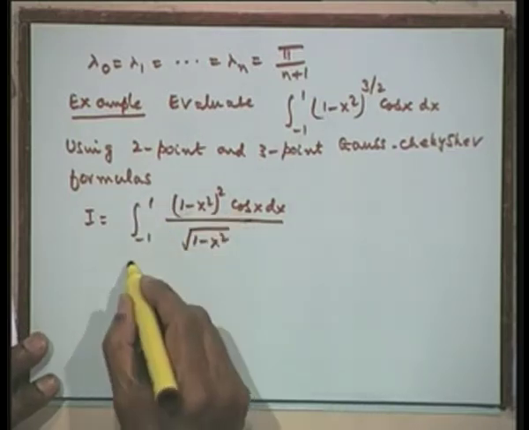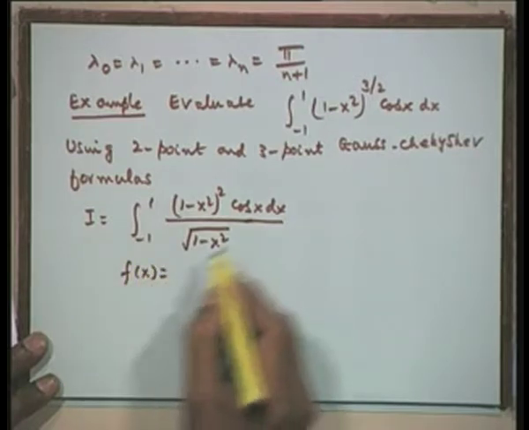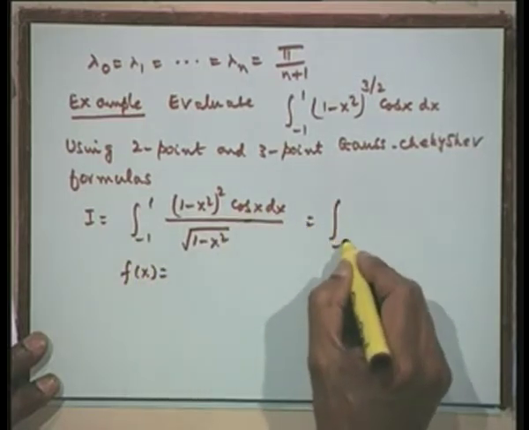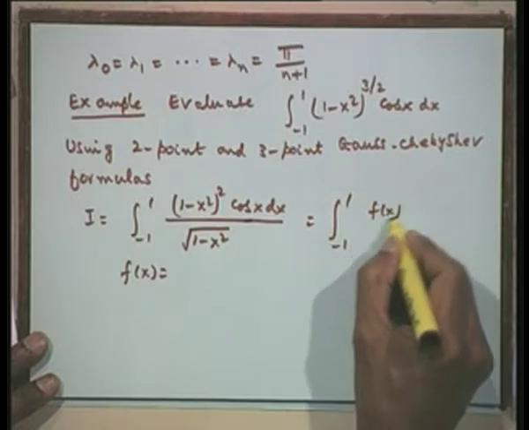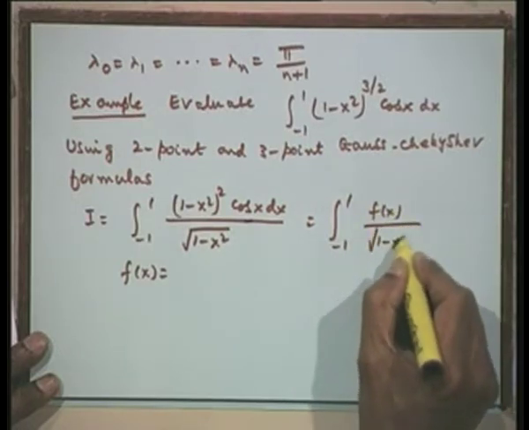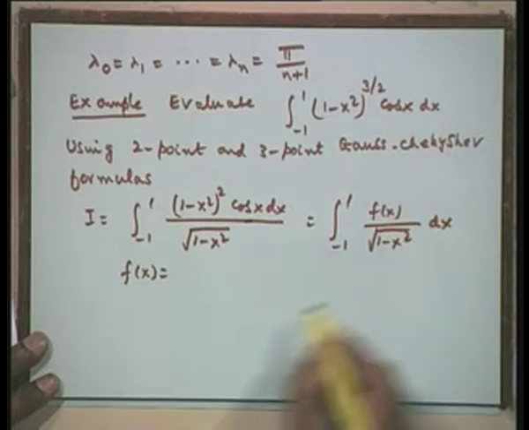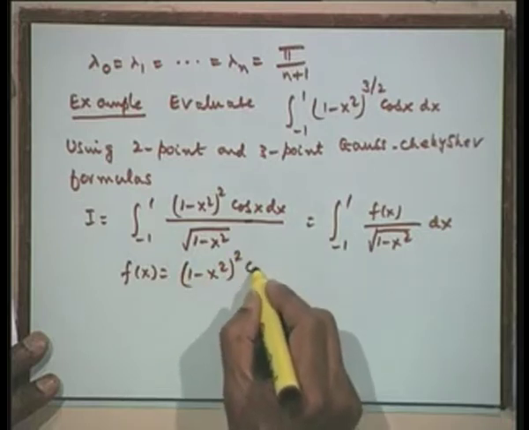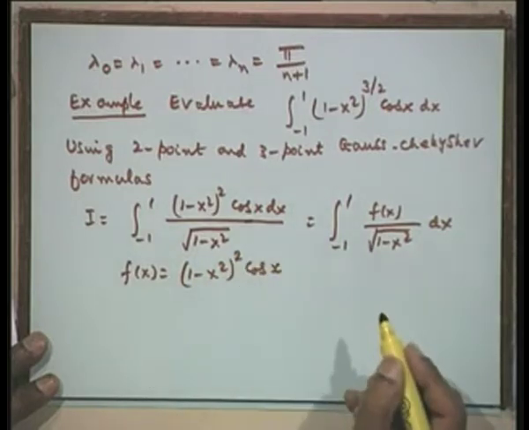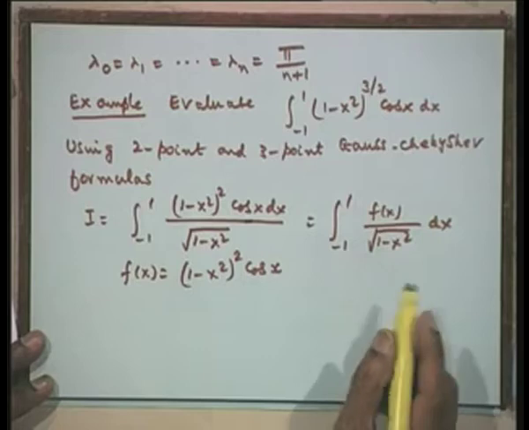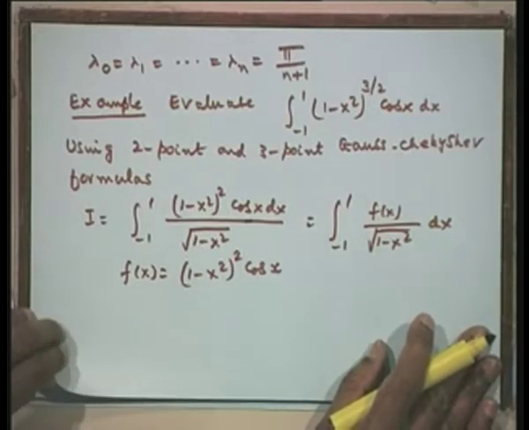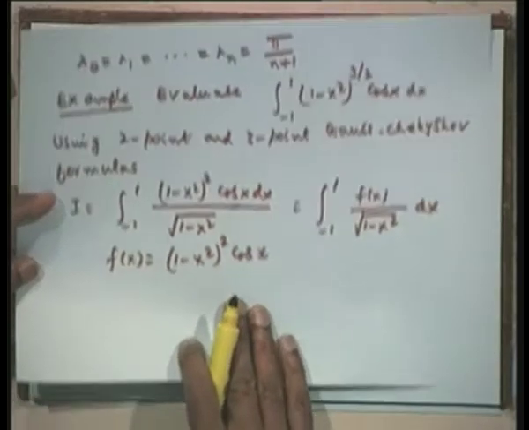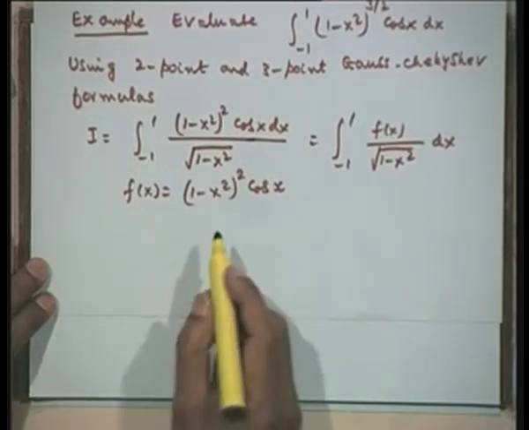Therefore I can now recognize my function f(x), as this is of the form f(x) upon under root of 1 minus x square. This is the Gauss-Chebyshev form. Therefore f(x) will be (1 minus x square) whole squared into cos x. Once you recognize this, the application is really trivial.